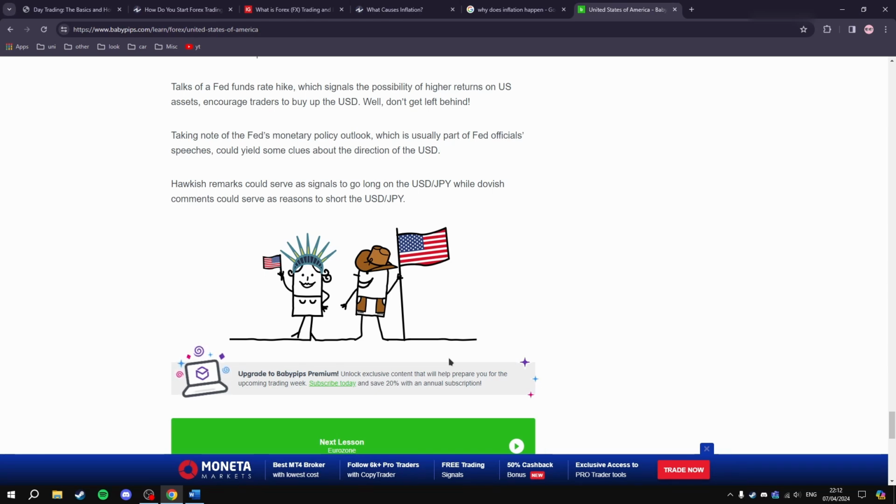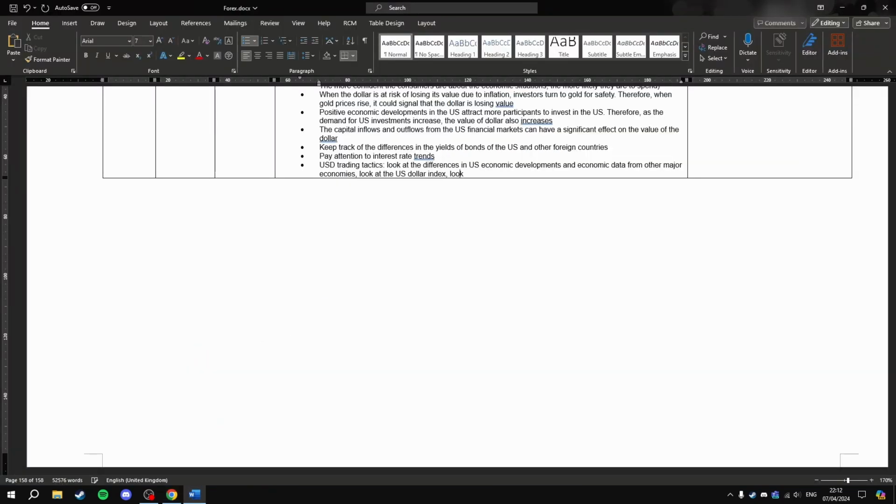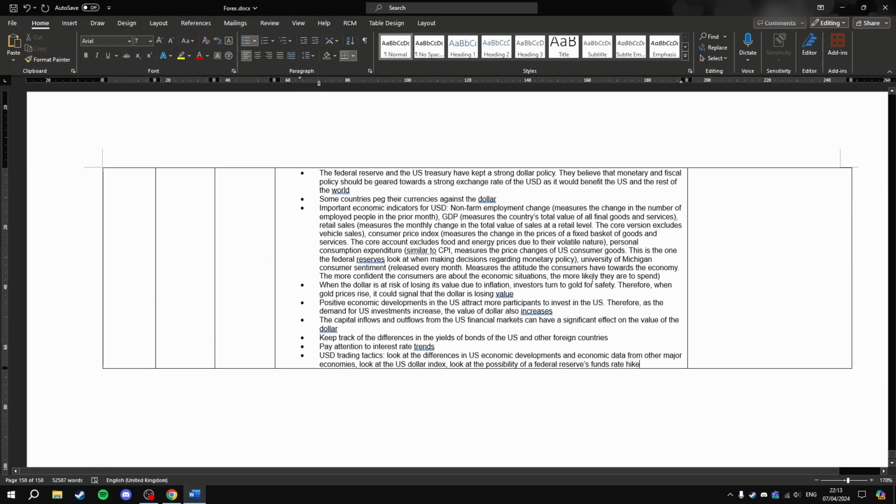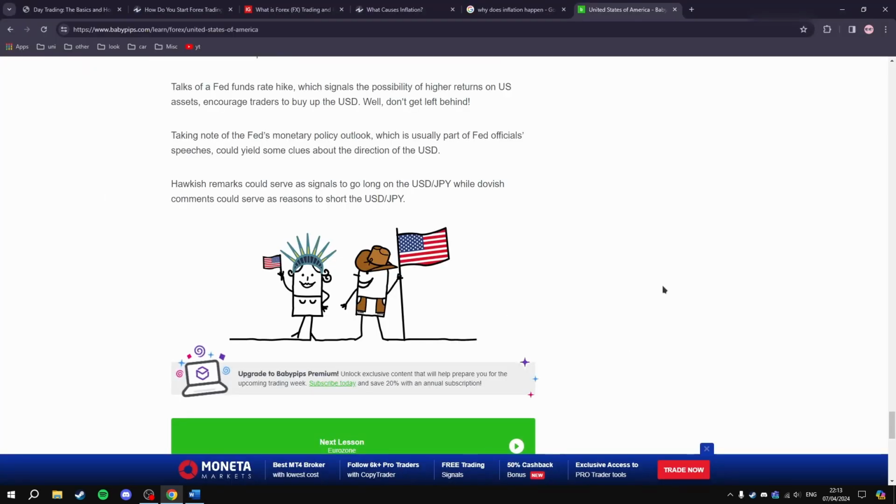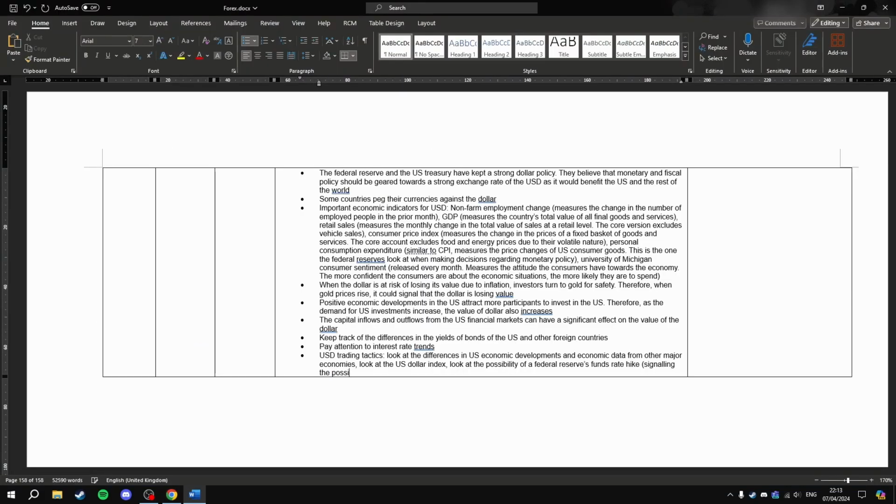Look at the possibility of a Federal Reserve's funds rate hike, signaling the possibility of higher returns on US assets, which encourages traders to buy up the USD.